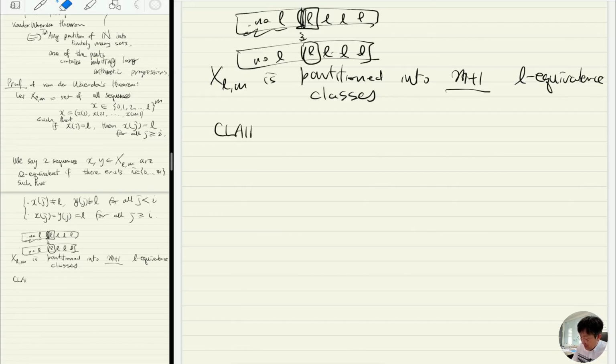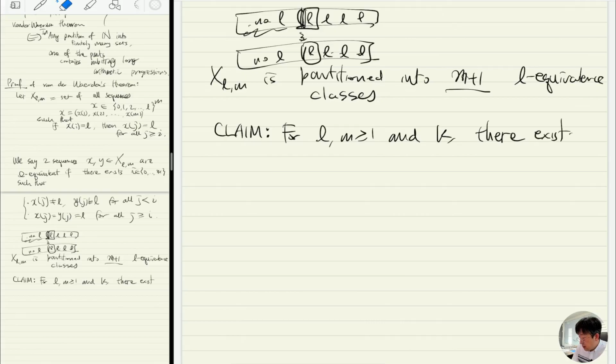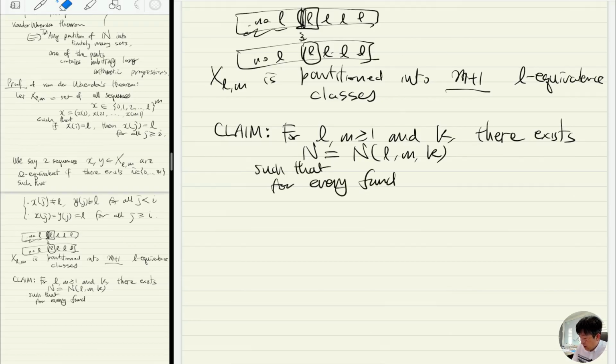Claim: for L, M, and K, there exists some integer n, which is a function depending on L and K, such that for every function C from the set 1 up to n to the colors.